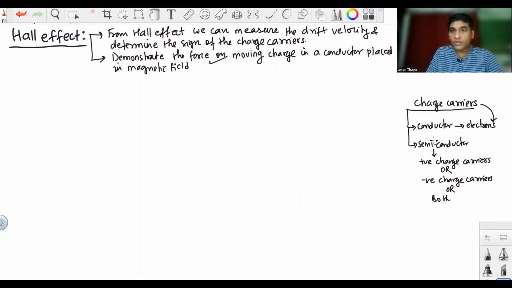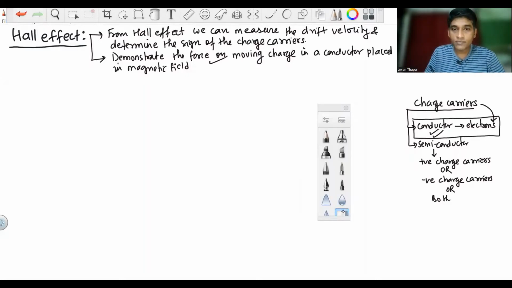Today we are going to discuss Hall effect with reference to conductor, and as I said earlier, conductor contains electrons as the charge carriers. Clear? So this is to be noted.